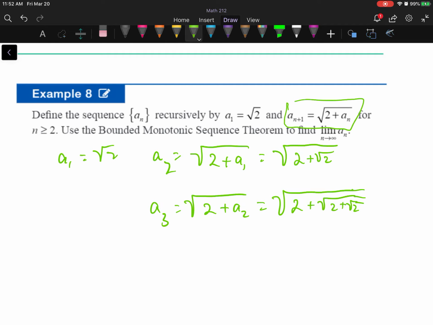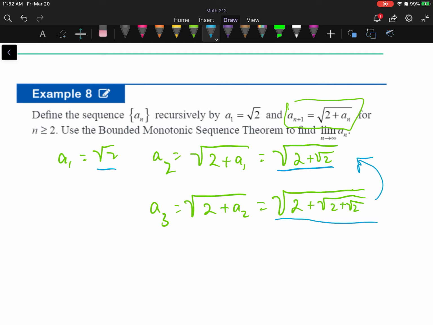To use the bounded monotonic sequence theorem, we would need to prove that this thing is increasing. It looks like it's increasing, right? Because we're starting off at the square root of 2. This looks like it's going to be bigger than the square root of 2. This looks like it's going to be even bigger than the preceding term.